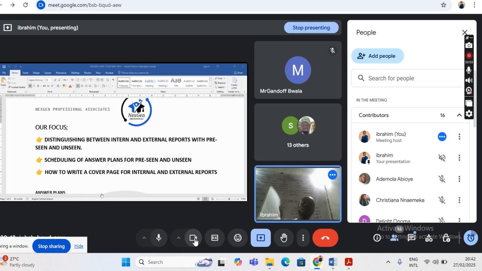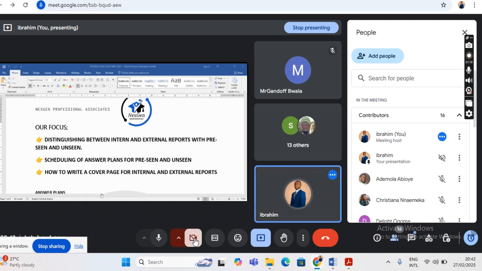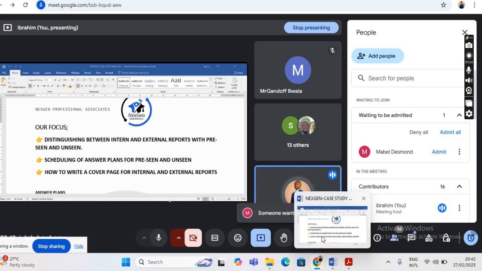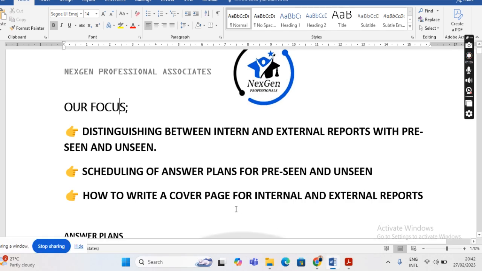Now at the last page, which is the back of your answer booklet, that is where you will write your answer plan. Then when you are done with that, you can cross it 2 to 3 times. And that is answer plans. Now, how do we go about this?